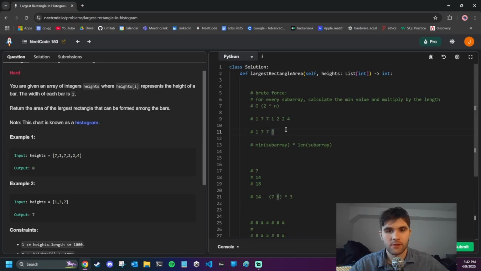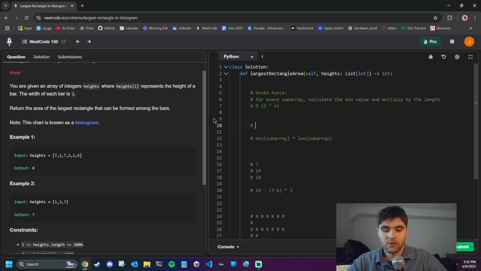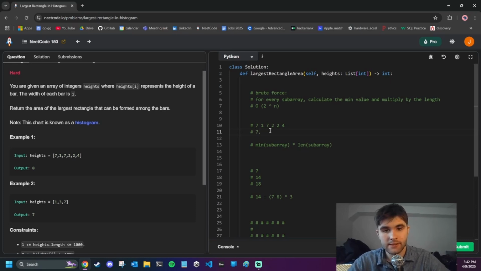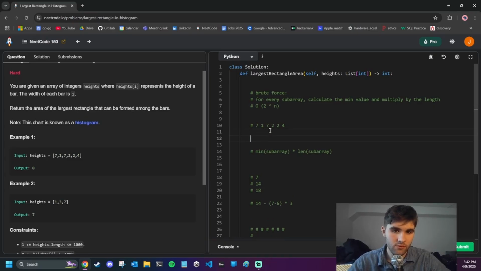So if we look at 7, 7, 1, 7, 2, 2, 4. So we have 7, and then we get to 1. So I would say at this point, the largest we can get is 7, and then here the largest we could get is, I guess, 2. So if we include, yeah, it would be the subarray at this position.